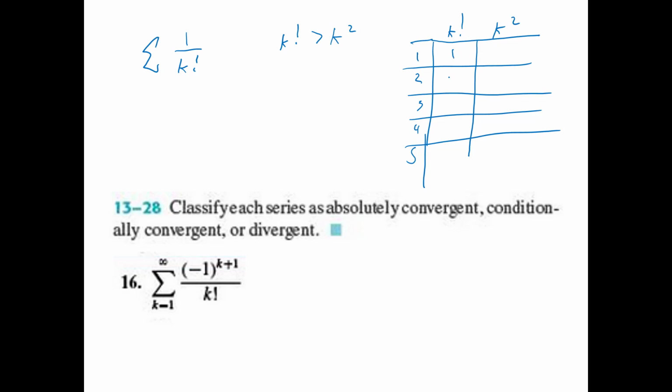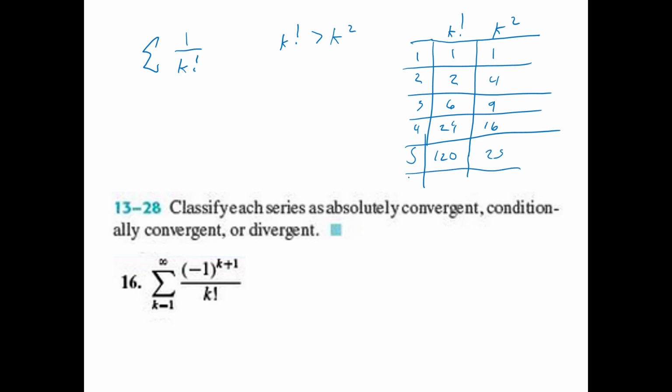So 1 factorial is 1, 2 factorial is 2, 3 factorial is 6, 4 factorial is 24, 5 factorial is 120. k squared is 1, 2 squared is 4, 3 squared is 9, 4 squared is 16, and you can see that it doesn't work until 4, but once you get past 4, 5 factorial is 120, and 5 squared is 25.